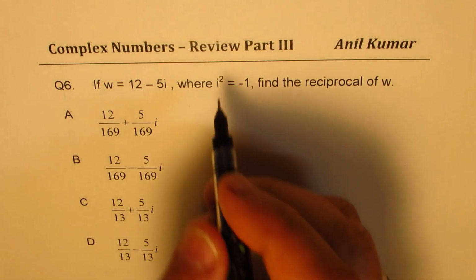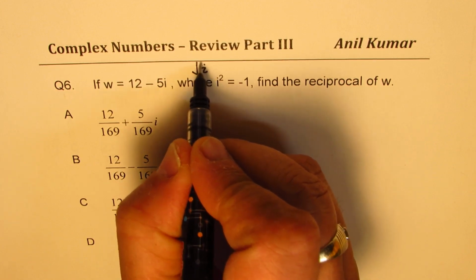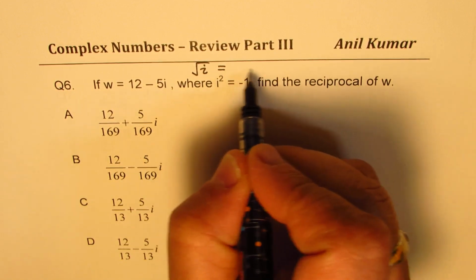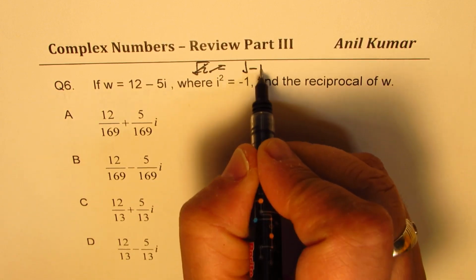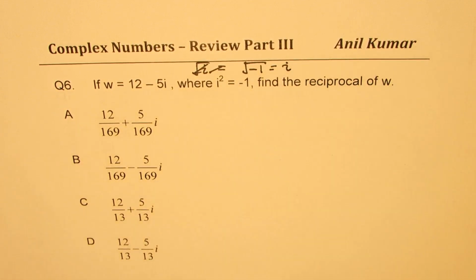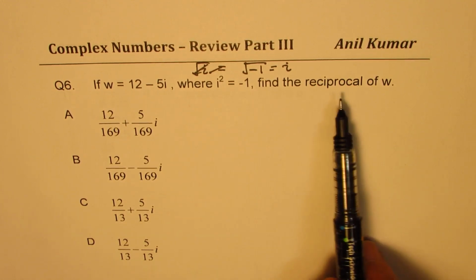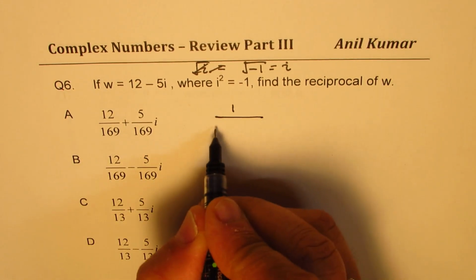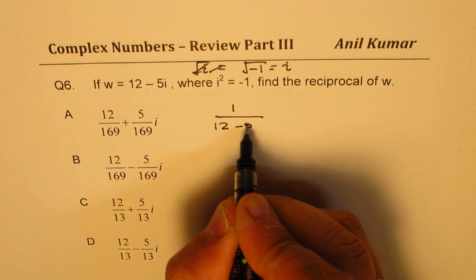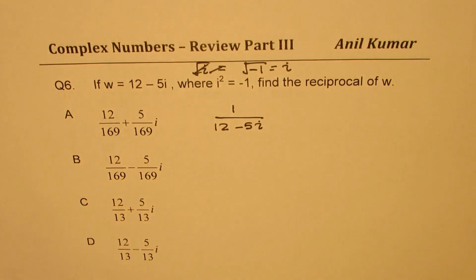So remember, sometimes we write square root of minus 1 equals to i, and sometimes we write i square as minus 1. So either way, it could be given to you. We need to find reciprocal of w. Reciprocal means 1 over 12 minus 5i, correct? This is what we need to find.